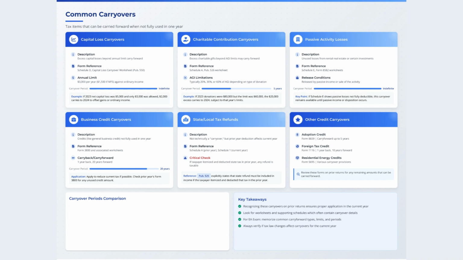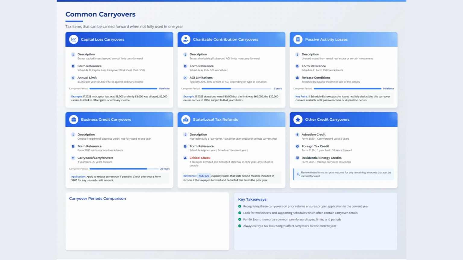Number 1. Capital loss carryovers. If a taxpayer has more capital losses than they're allowed to deduct in a single year, the excess carries forward. The IRS limits capital loss deductions to $3,000 per year against ordinary income, or $1,500 if married filing separately. Let's say in 2023, the taxpayer had a net capital loss of $5,000.